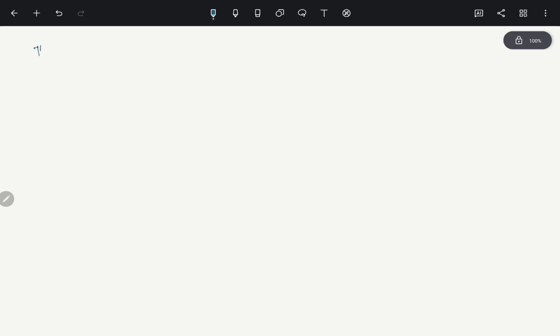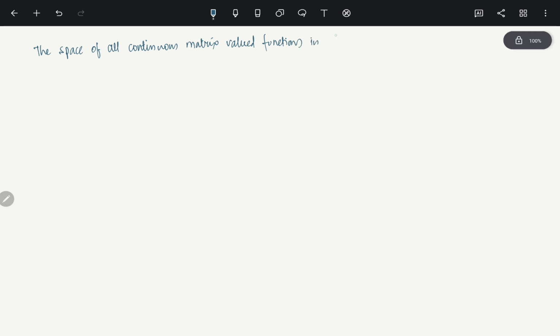See, the space of all continuous matrix valued functions, okay, we are going to define it like this.